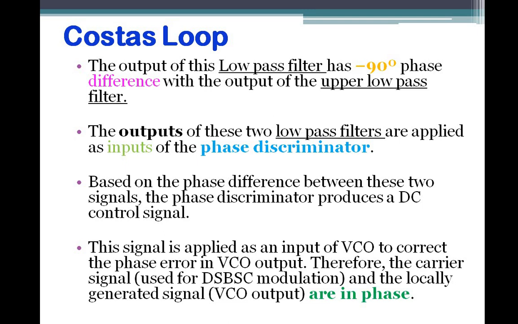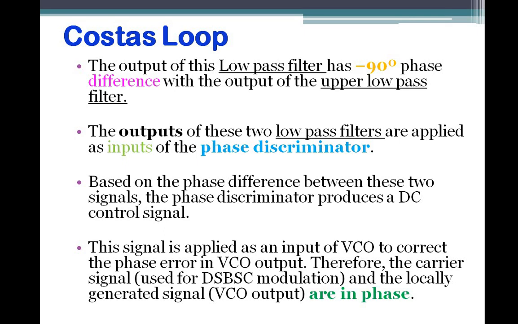I hope you are clear. So what is the first part? You have two product modulators, then a phase discriminator and a 90 degrees phase shifter. The upper low pass filter and the lower low pass filter have a phase difference of minus 90 degrees, and that phase difference is given to the phase discriminator. This phase discriminator produces a DC control voltage signal.